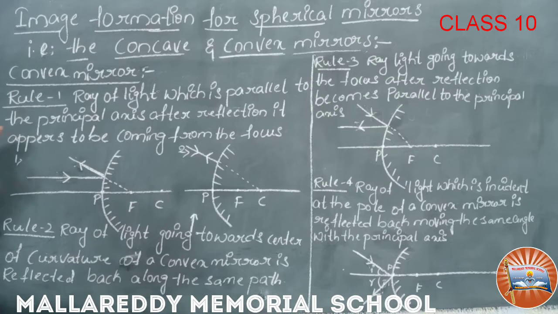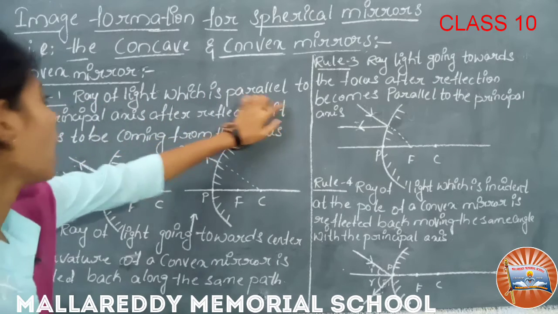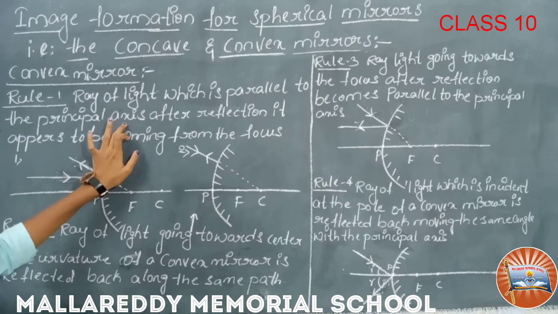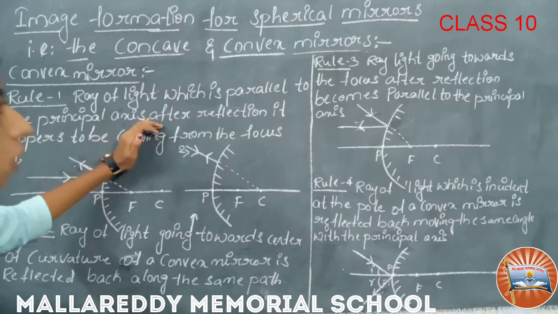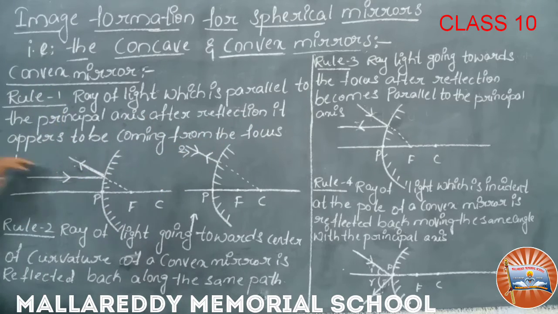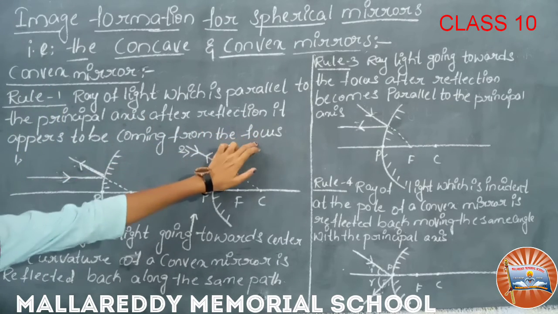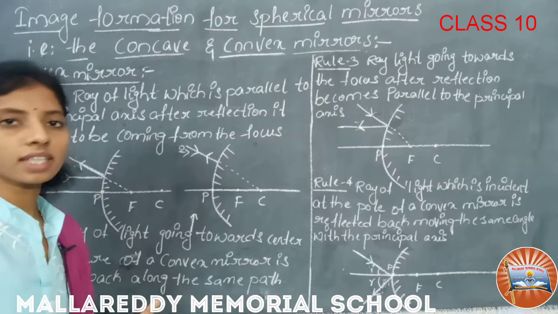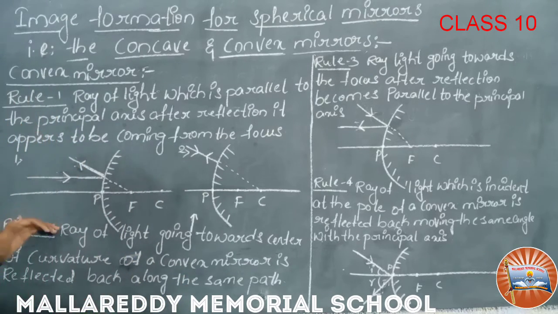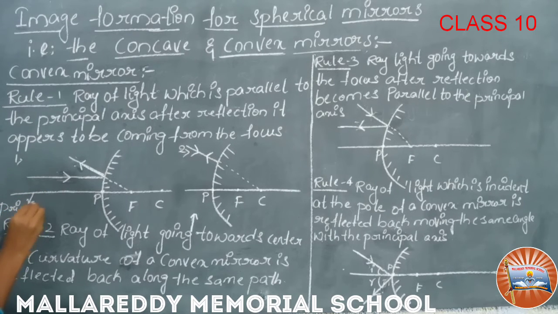See the first rule, rule 1: a ray of light which is parallel to the principal axis. After reflection it appears to be coming from the focus. We know the convex mirror is a diverging type of mirror, right. See here we have the principal axis and the convex mirror.